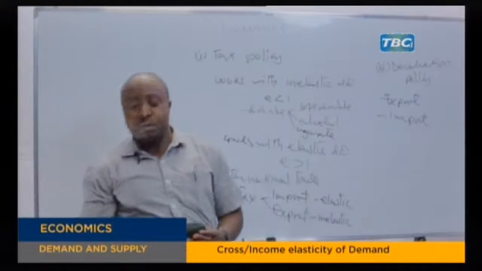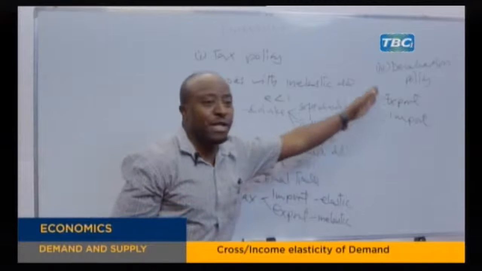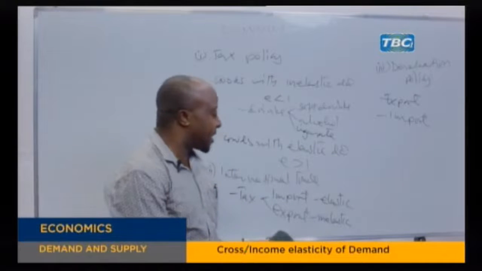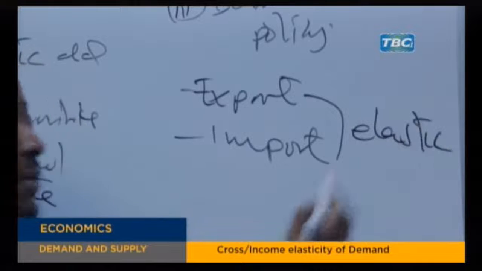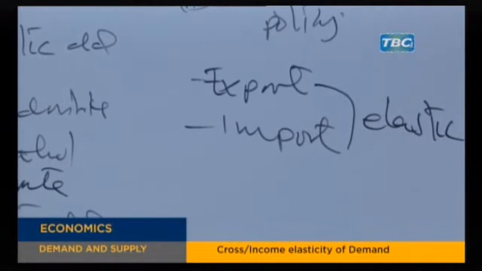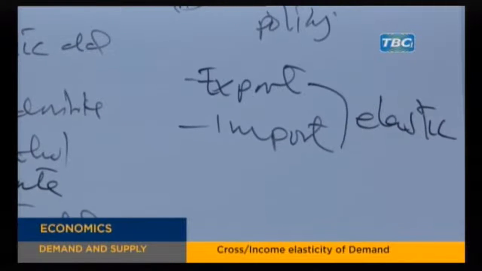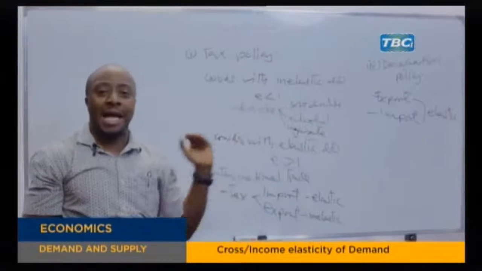For devaluation policy to be successful, we expect the nature of elasticity of demand of the two sides to be the same. That means both should be elastic. What do we mean? We say elastic when a small change in the price brings a larger change in quantities.